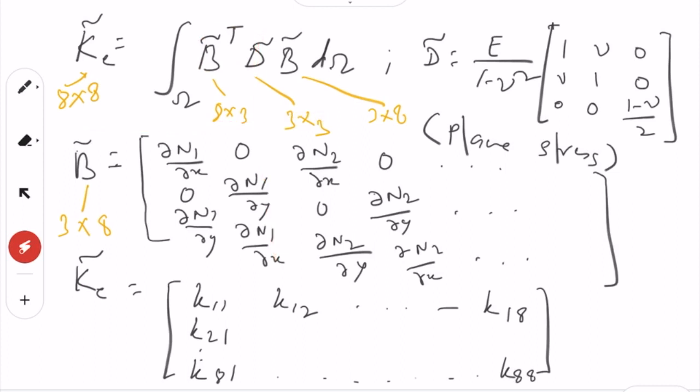B is here; if you do B transpose, then this row becomes a column, this row becomes another column, this row becomes a third column. So, what is a column right now becomes a row.